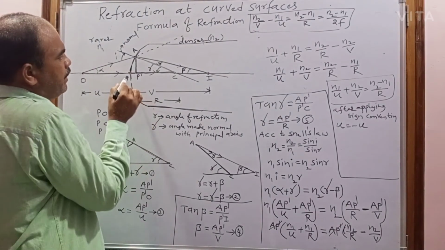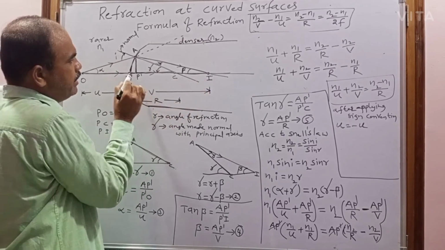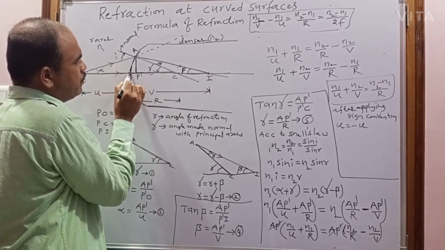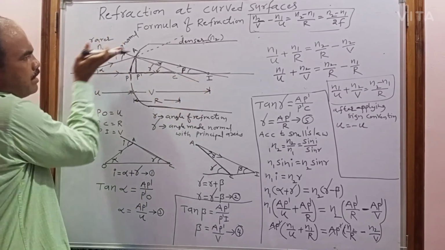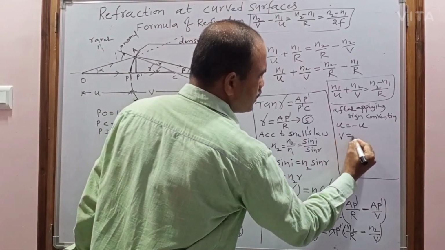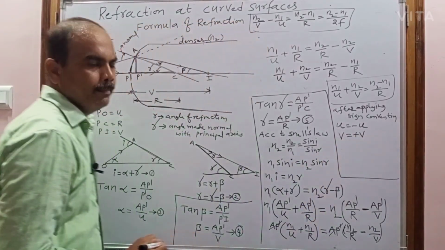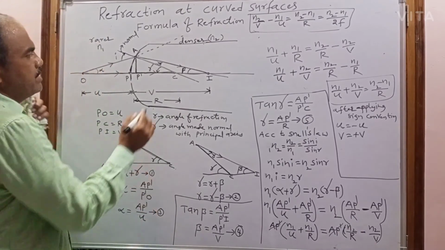And when you measure the image distance, this is the pole and this is the image. All distances are measured from the pole. To measure the image distance, you are moving in the direction of the incident ray, which is also in the same direction. That's why this V is taken as positive, plus V. As well, the distance from the pole to the center of curvature is called the radius of curvature.